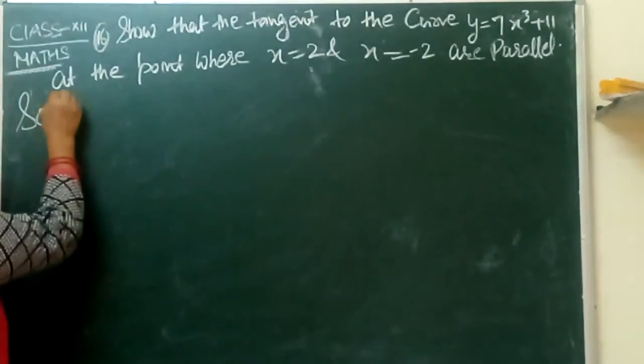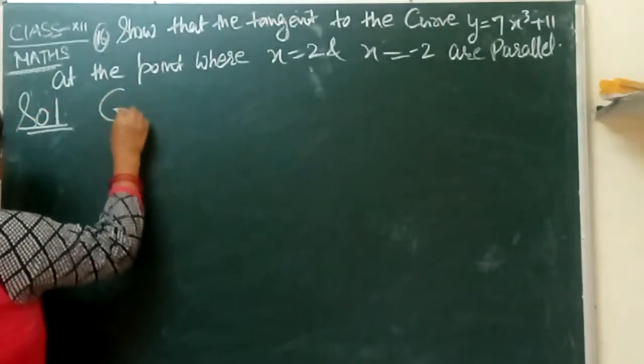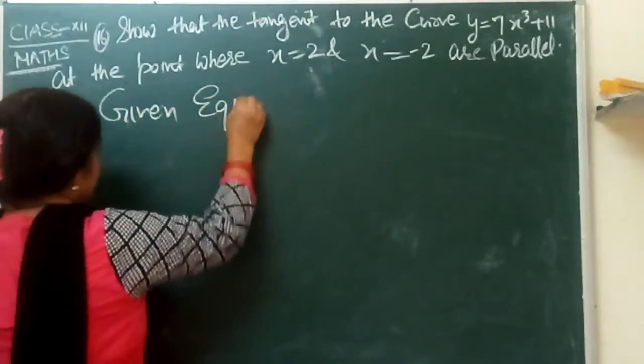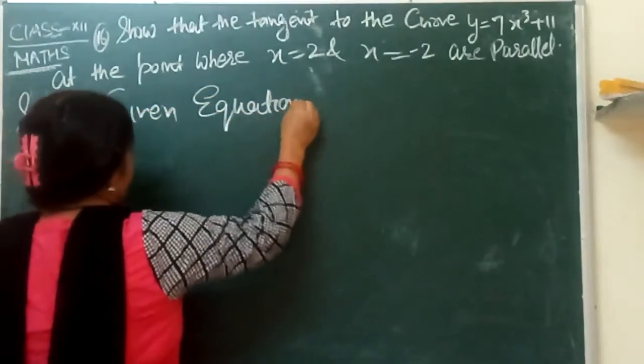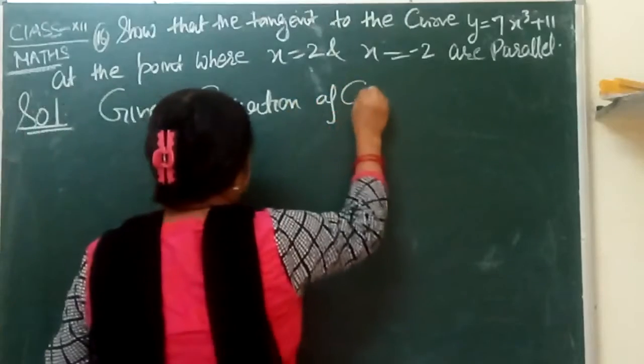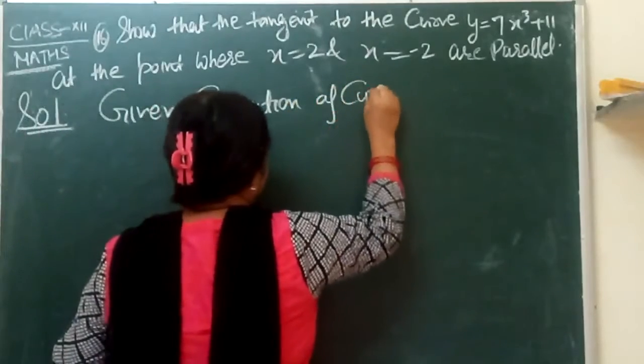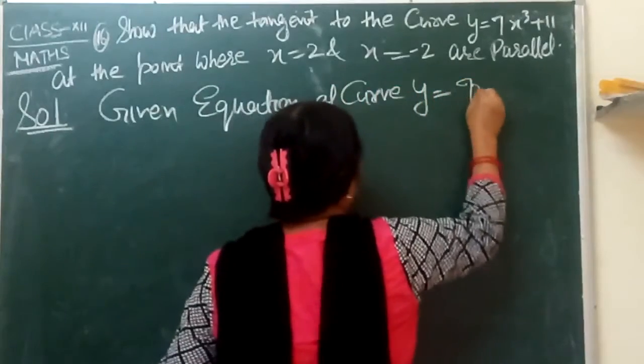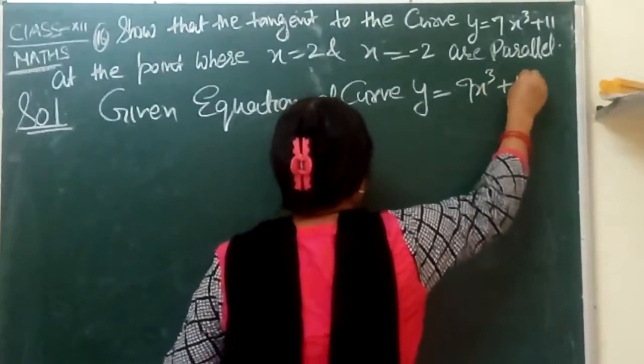Given the equation of curve, that is y is equal to 7x cube plus 11.